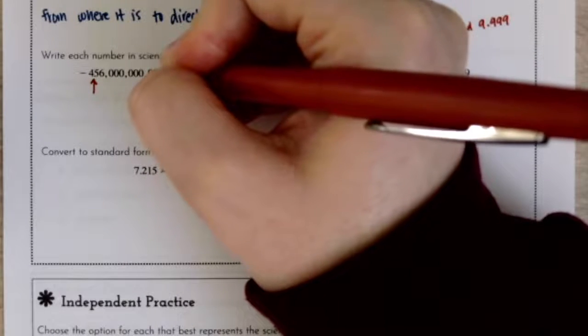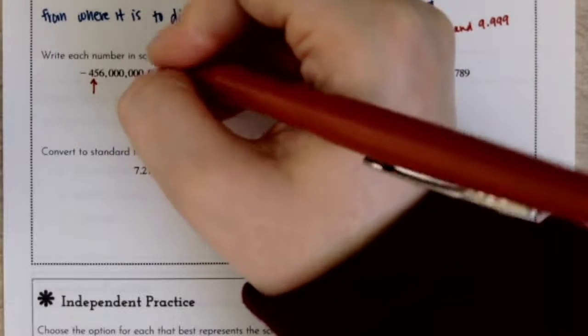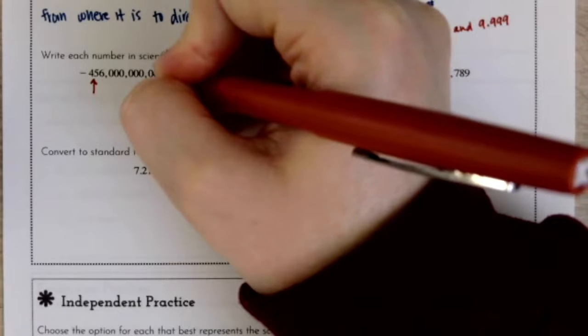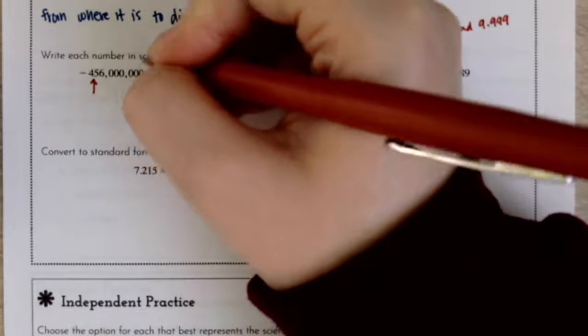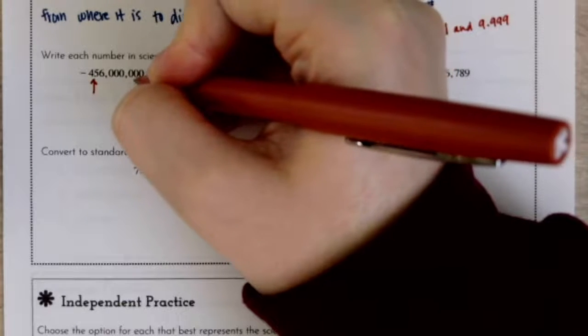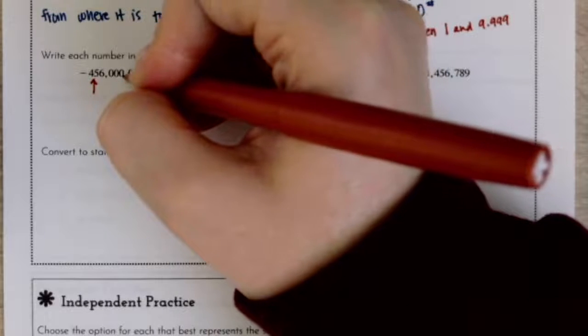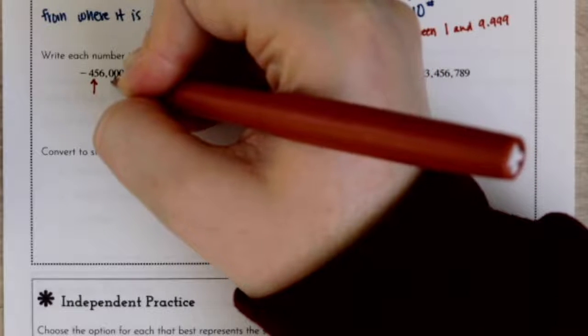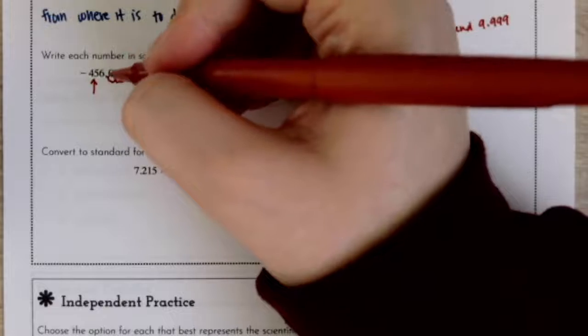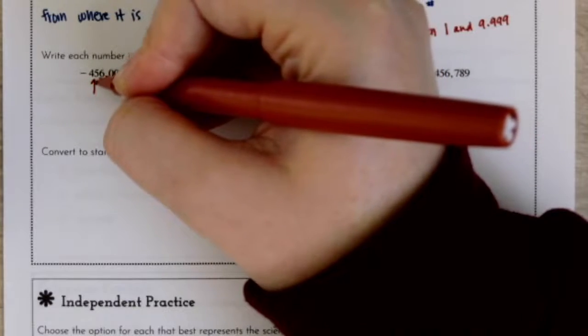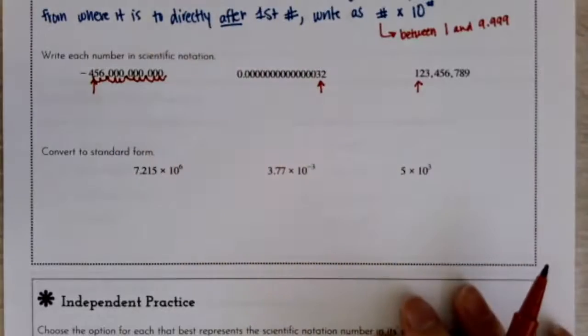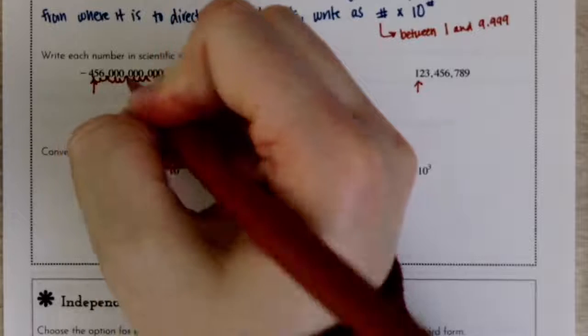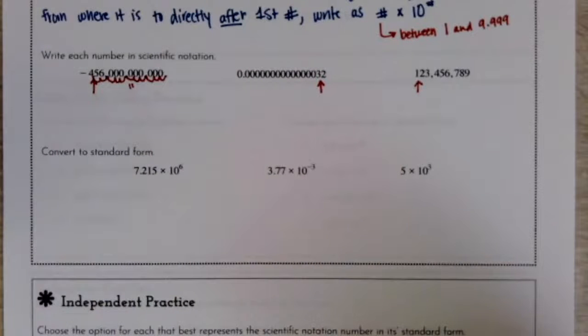I'm going to scoop over each number until I get to the arrow. 1, 2, 3, 4, 5, 6, 7, 8, 9, 10, 11. It took me 11 scoops, so I'm going to write that down right there. 11 scoops for me to get from where it is to where I want it to be.